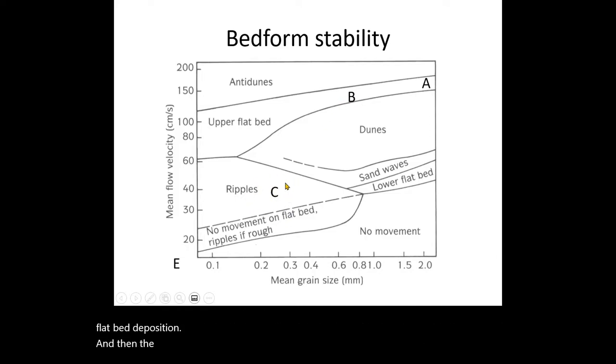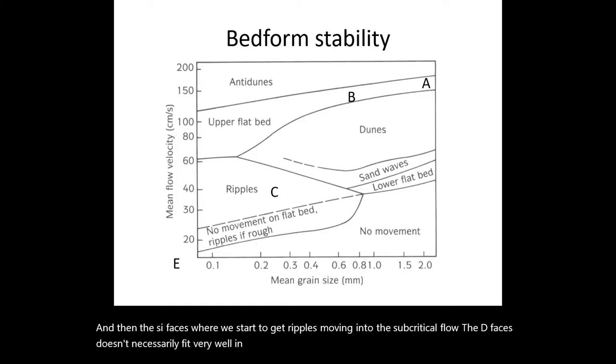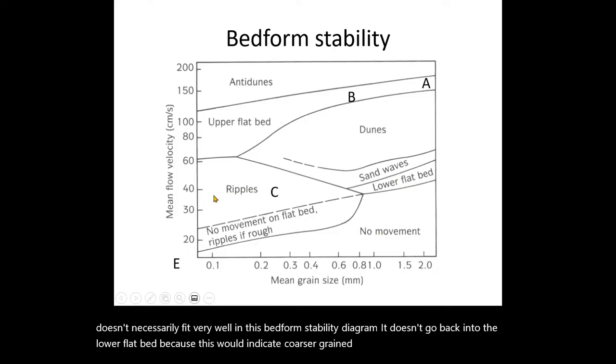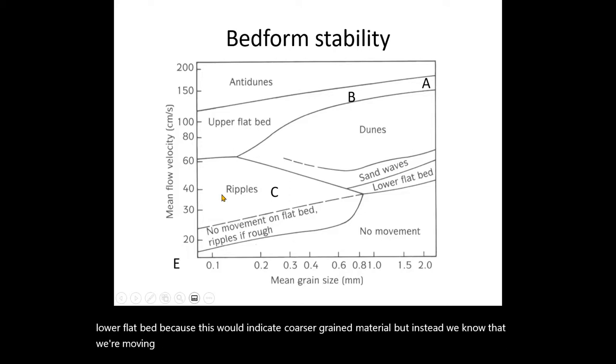The D facies doesn't necessarily fit very well in this bedform stability diagram. It doesn't go back into the lower plane bed because this would indicate coarser grain material, but instead we know that we're moving toward finer grain material. And then the E facies represents mud that's settling out of suspension in between turbidity current events.